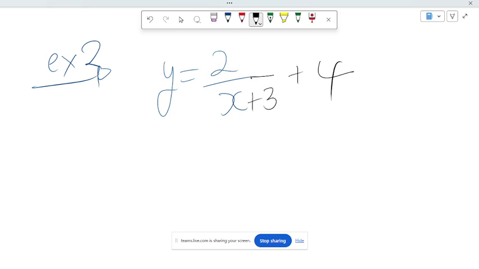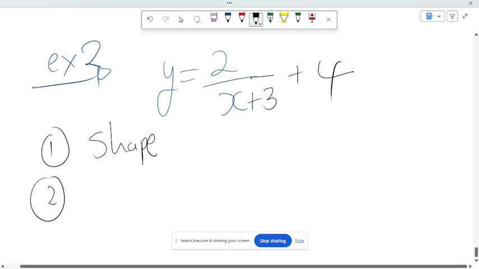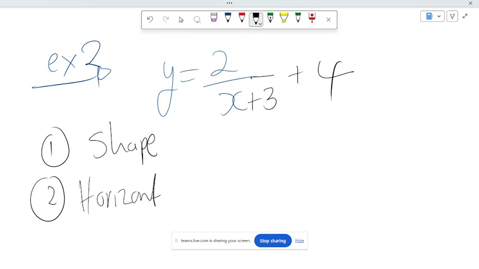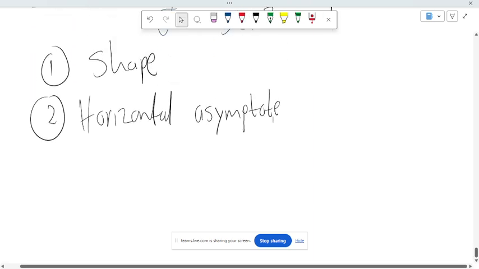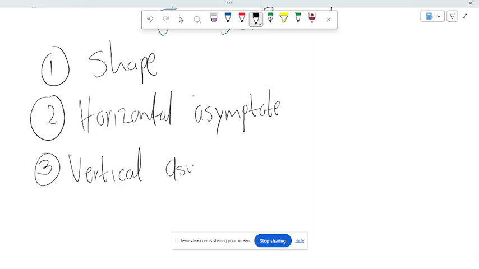And then they say determine the shape. That's what I'm asking for. I want you to determine the shape first. Second, I want you to determine the horizontal asymptote, and then the vertical asymptote.